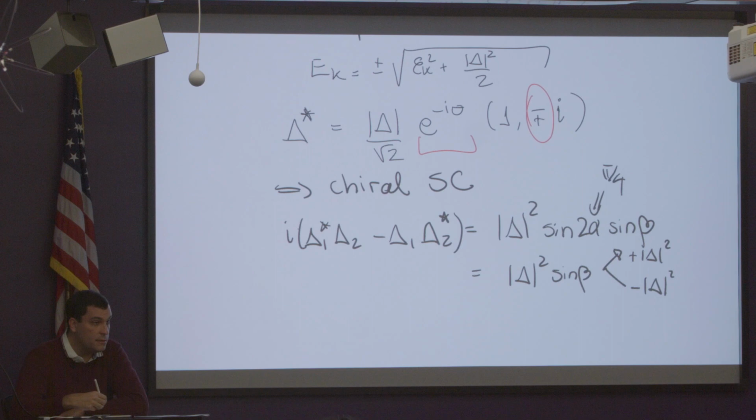This object here is quadratic in the gap, and it actually has the same transformation properties as an angular momentum along the z direction. I'm not going to prove it here. Just believe me, it's true.